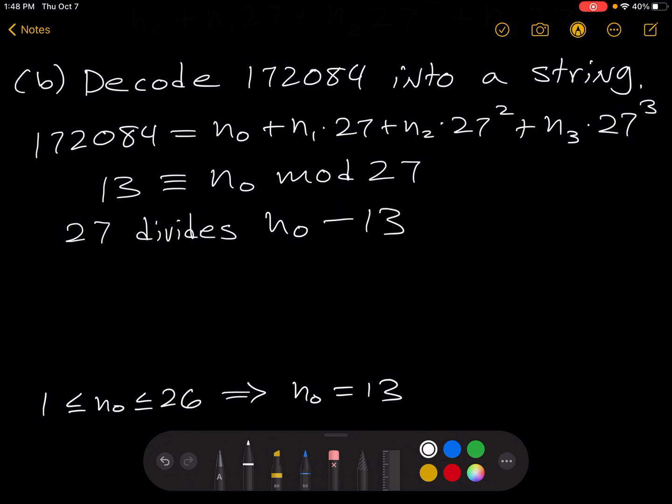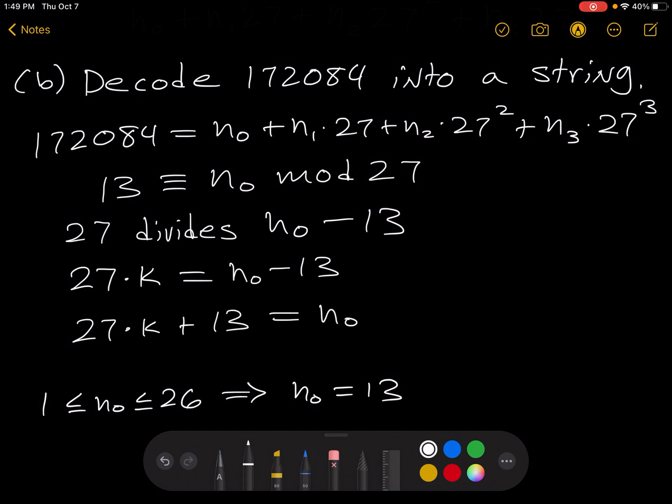That means that there's some integer k such that 27 times k is equal to n0 minus 13. And so now adding 13 to both sides, we see that 27 times k plus 13 equals n0. So now what this is going to show us is that k has to be 0.